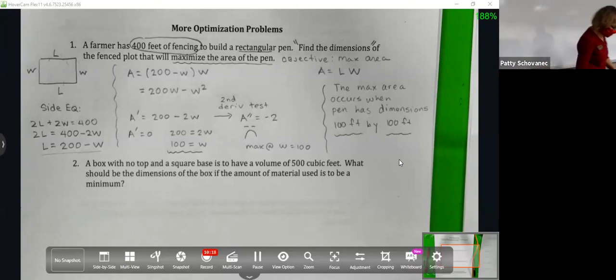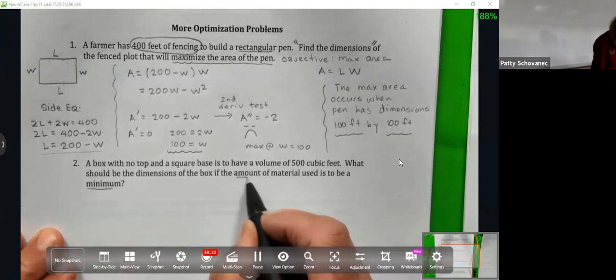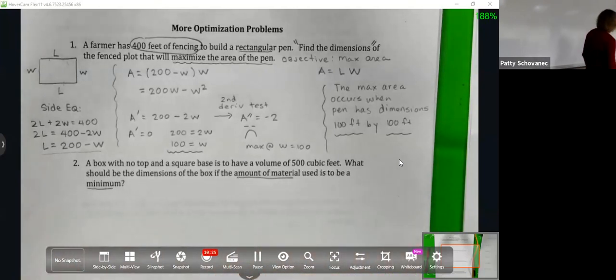Okay, so we want to minimize the amount of material to make an open box with a square base. So how do you figure out the amount of material? What is it that I'm going to need to know? Surface area. I'm going to minimize the surface area.